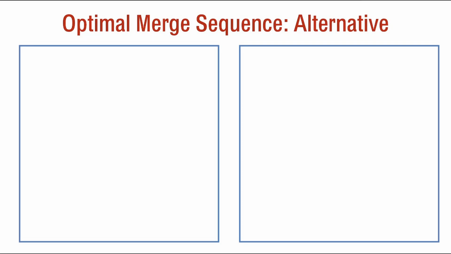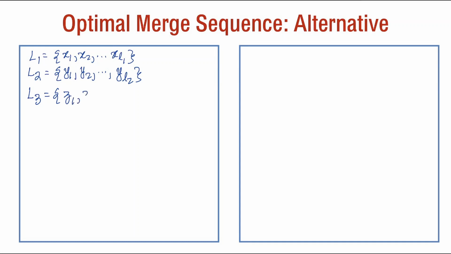Let us say that in our case we have L1 equal to x1, x2 up to xl1, L2 equal to y1, y2 up to yl2, L3 equal to z1, z2 up to zl3, and so on and so forth.